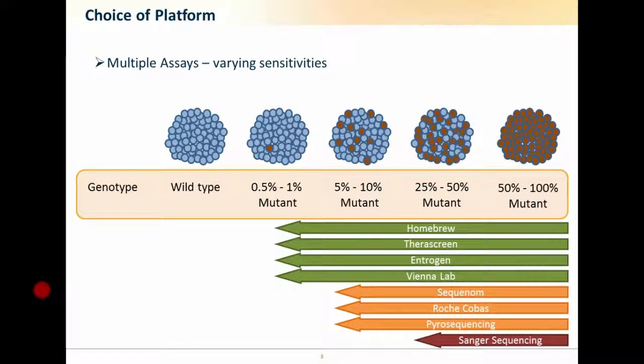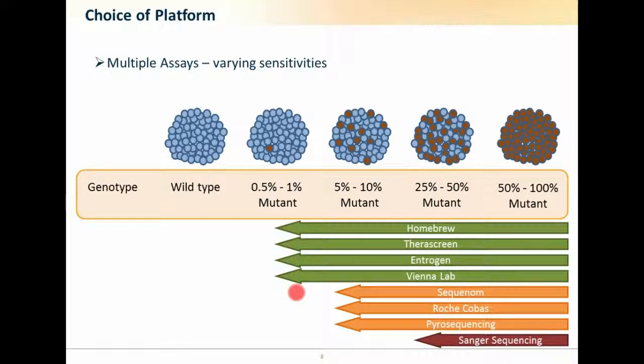Now, as I'm sure you're very well aware, there are multiple assays that you can use. There are obviously the homebrew methods that are often very sensitive. There's QIAGEN Therascreen. Entrogen have a number of KRAS and BRAF kits. The Vienna Lab strip assay.